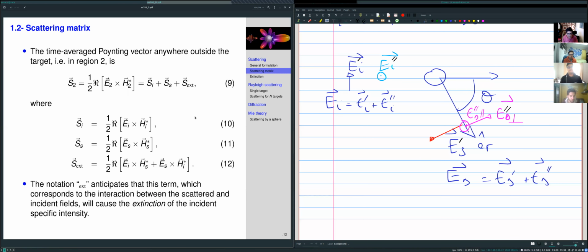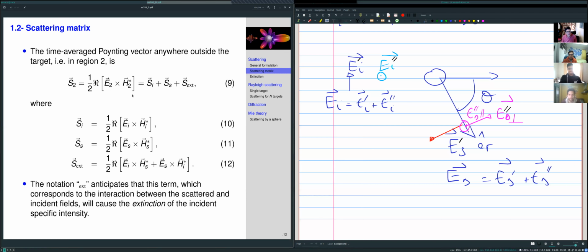What's interesting for us is the Poynting vector. In region 2, which is outside the target, the time average Poynting vector is going to be given by this relationship. This is the real part of E cross H outside the target.